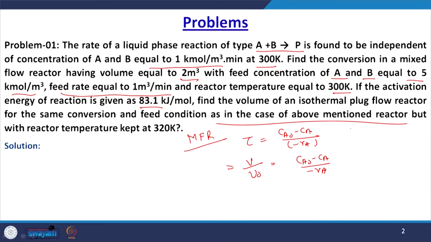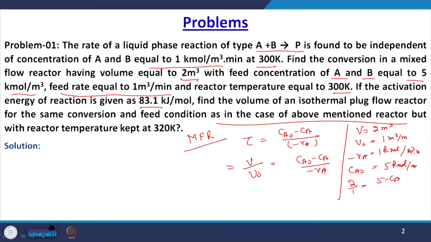Here the given parameters are V equal to 2 meter cube, V naught equal to 1 meter cube per minute, minus Ra equal to 1 kilomole per meter cube minute, and Ca naught equal to 5 kilomole per meter cube. So 2 upon 1 is equal to (5 minus Ca) upon 1. So what is the value of Ca? Ca is equal to 3 kilomole per meter cube.